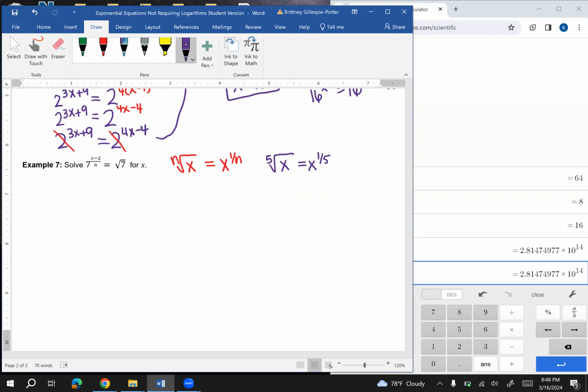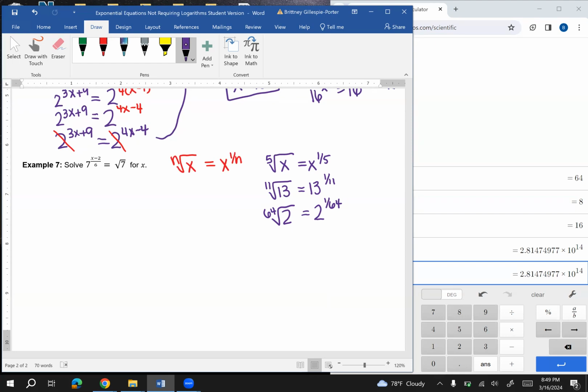If I had the 11th root of 13, that would become 13 to the 1 over 11. If I had the 64th root of 2, I would have 2 to the 1 over 64. Okay, so back to our problem.